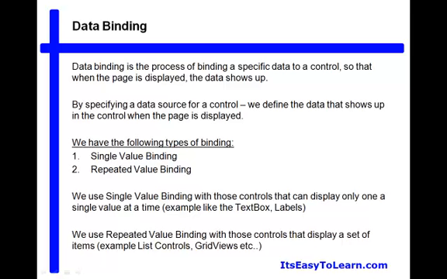We use single value binding with those controls that can display only a single value at a time. Examples are the text box, the labels, and other controls. We use repeated value binding with those controls that display a set of items. Examples are list controls, grid views, etc.